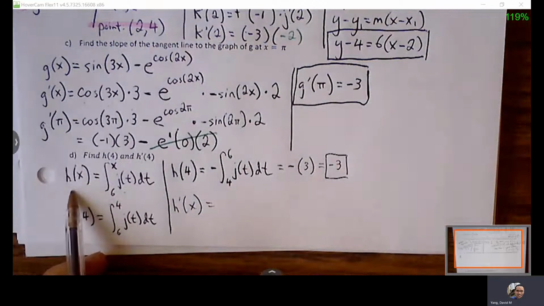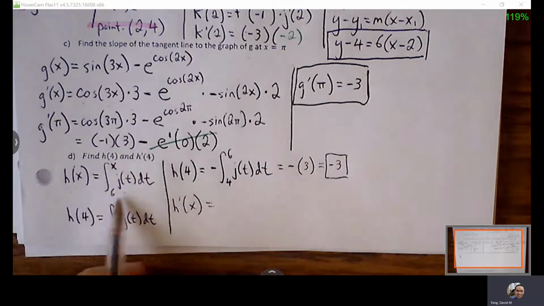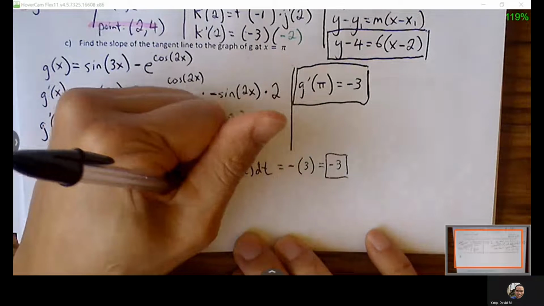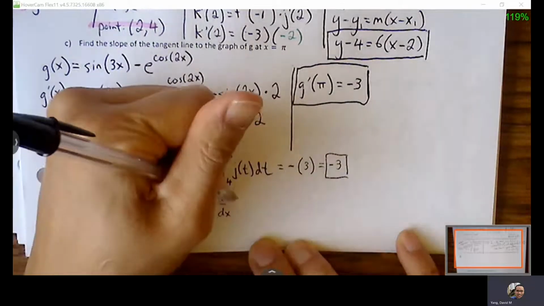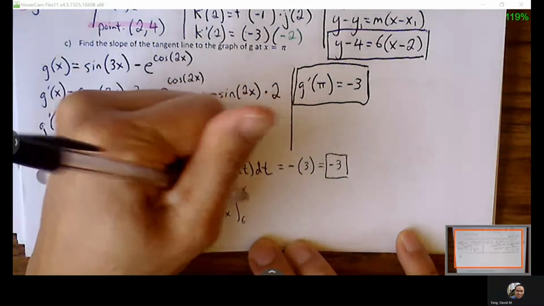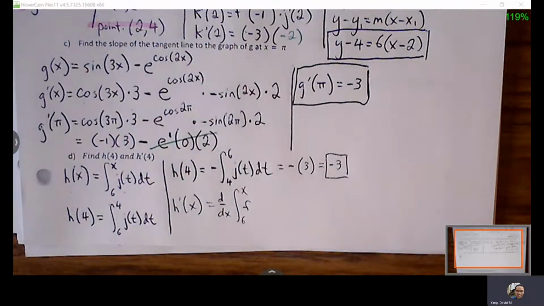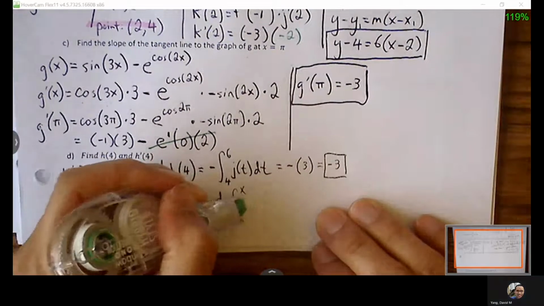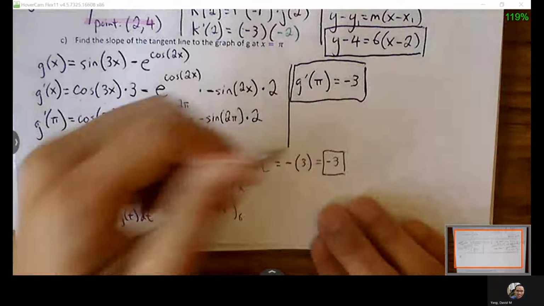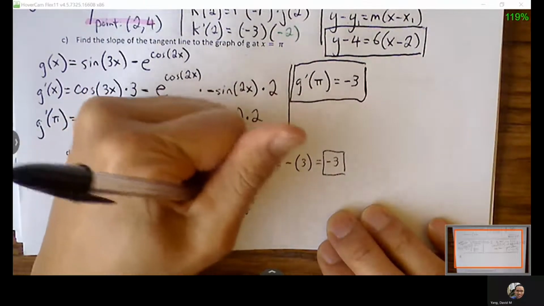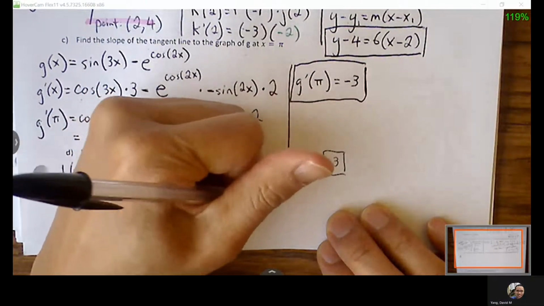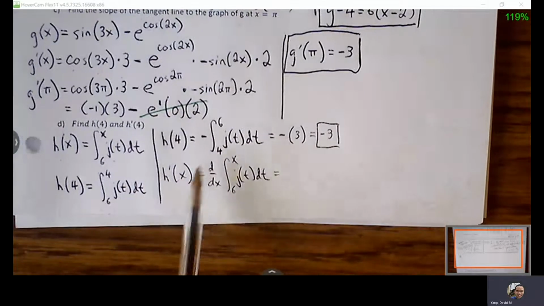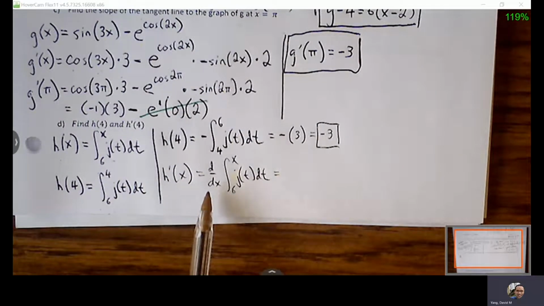So h prime of x means I need to find the derivative of the right side. Not f, j. Okay, so derivative of an integral, what's going to happen here?